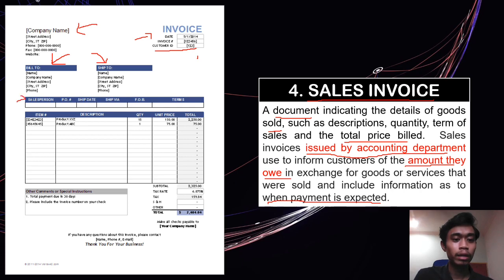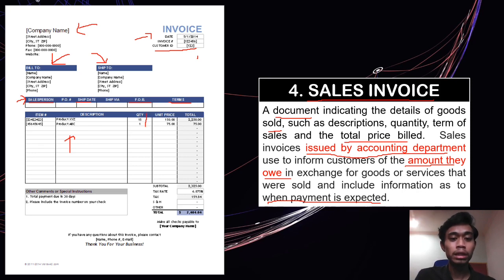Here there is the salesperson, the responsible person that issued the invoice, siapa yang responsible dari first tu in the sales department. There is the ship date, FOB, and the terms. On the bottom part we have the description of the products that the customer wants to buy.